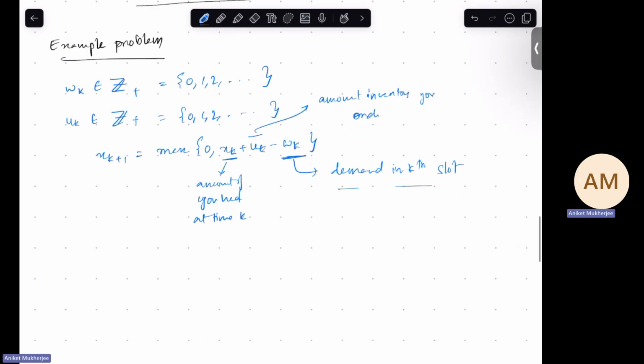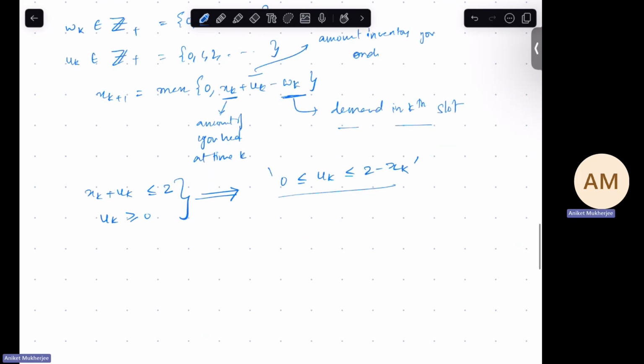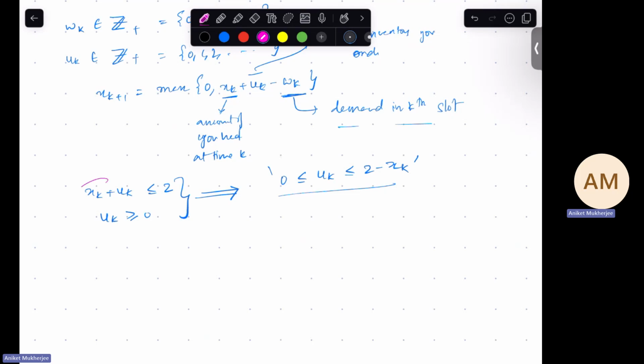And we have some constraints saying that xk plus uk is less than or equal to 2 and uk is greater than or equal to 0. Using these two, you get the constraint that uk is between 0 and 2 minus xk. What does this constraint mean?